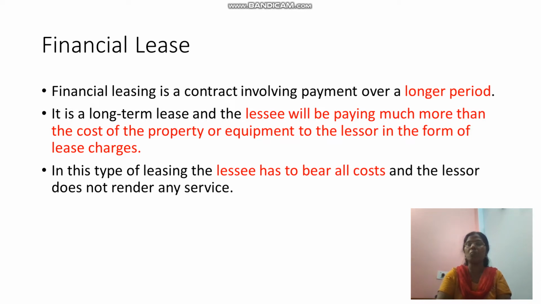That is, more than the cost of the asset, he will be collecting the payment in the form of rent or lease charges. In this type of leasing, the lessee has to bear all the cost and the lessor does not render any services. So full expenses will be borne by the lessee.